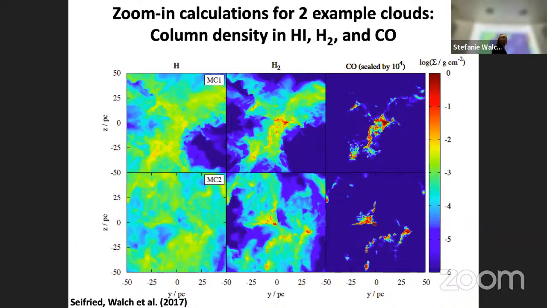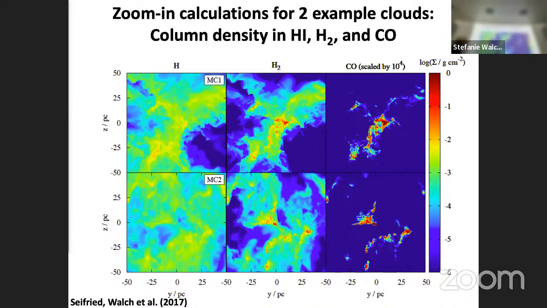This is also interesting for people who are looking at molecular cloud observations, because in the CO you really only see the densest part of the cloud. For example, this cloud here looks quite fragmented, right? But in fact, there's a bridge in molecular hydrogen. If you were able to see the molecular hydrogen, which you can't because it's cold gas in this case, then you would see that these structures are connected.